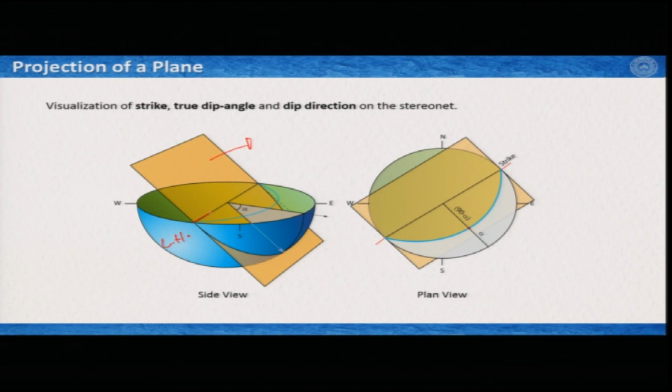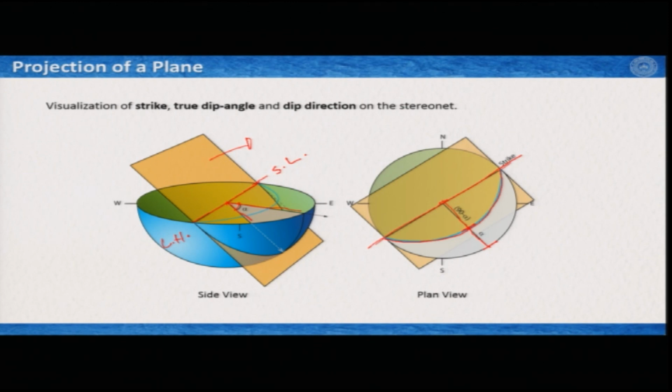This intersection line between the equatorial plane and this plane is your strike line, and this angle here is your dip angle. Now, if I see this in plan view, this is the strike line, this is the projection of the plane, and this angle defines the dip angle of this plane, and the rest is 90 degrees minus the dip angle, which in this case is alpha.